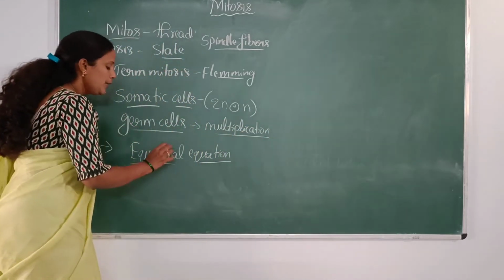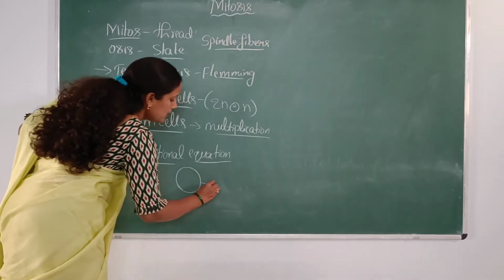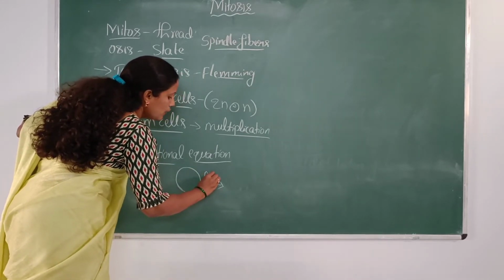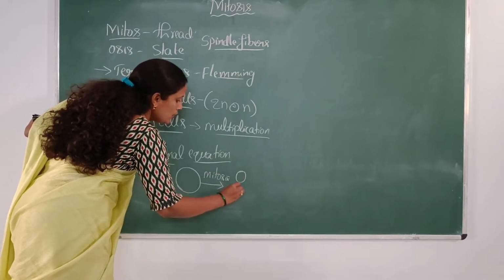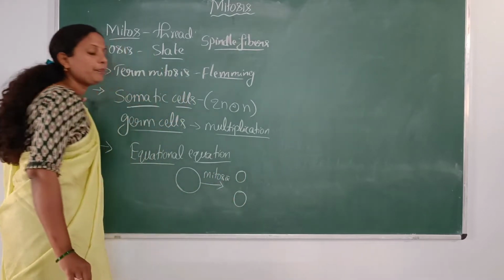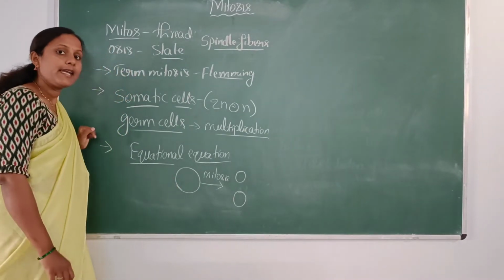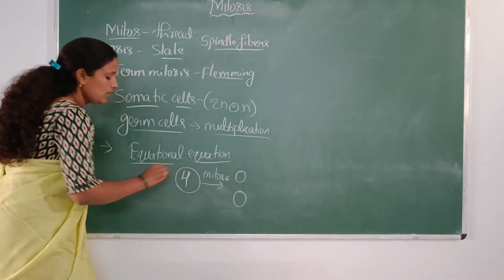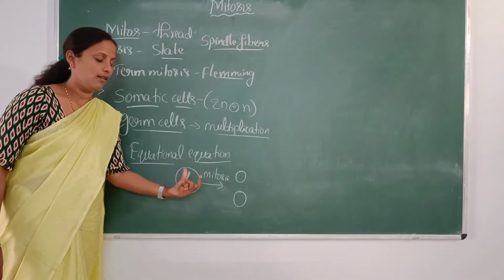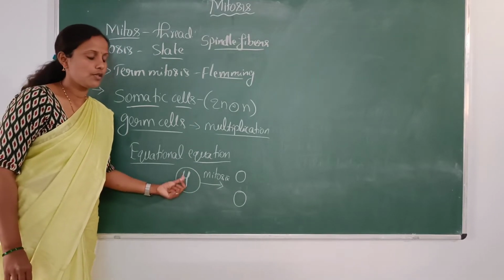Because during cell division, say for example it is a cell which is undergoing mitotic cell division and produces 2 daughter cells. Suppose this parental cell is having 4 chromosomes, that means consider it is a cell having 4 chromosomes.